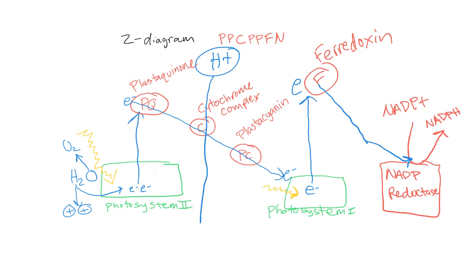Another thing that the cytochrome complex does is when it passes that electron, it also uses that energy to pump protons through. And so now we have a concentration of protons. What did we do with the concentration of protons in the mitochondria? Okay, we had a concentration gradient, and what did we do with that? Right, so this allows you to run these through ATP synthase to make ATP.